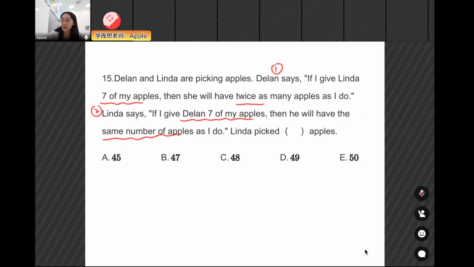Well, then following this, let's move on to the first statement. Let's have a look. How can we draw out the model? Dylan and Linda. So here, according to the question, Dylan says, I give Linda 7 of my apples.